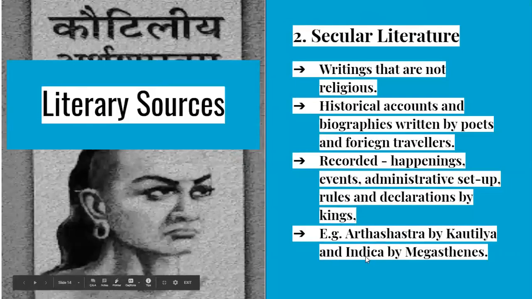It will tell historians about how the society was, what kind of kingdom there was, right? How was the king? Were people happy, right? So very interesting details you can get from these kinds of biographies and historical accounts that have been written by poets and foreign travelers.